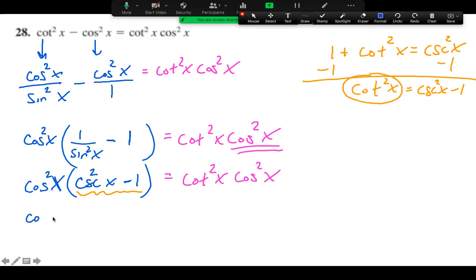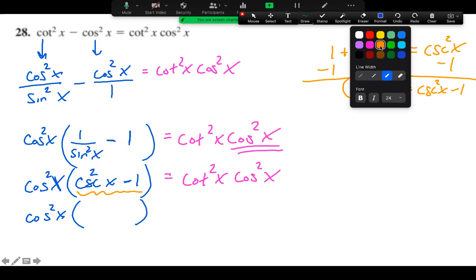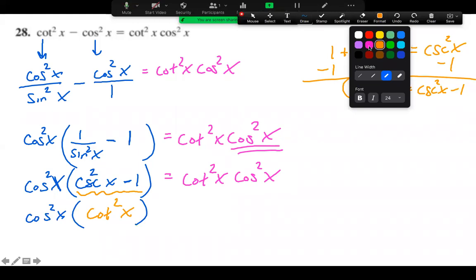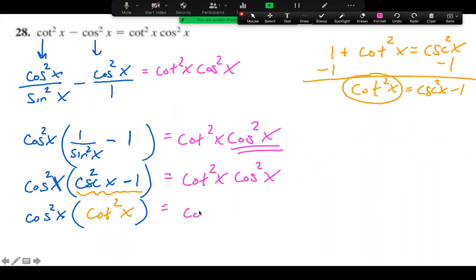I will bring down my cosine squared x, and I will replace cosecant squared x -1 with its Pythagorean identity equivalent, which is cotangent squared x. And that ultimately has to equal cotangent squared x times cosine squared x. Well, if I look at it, folks, we've got it.